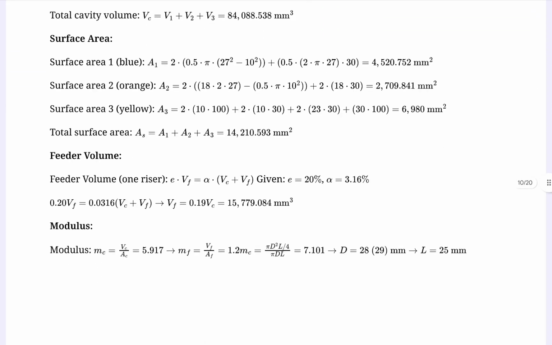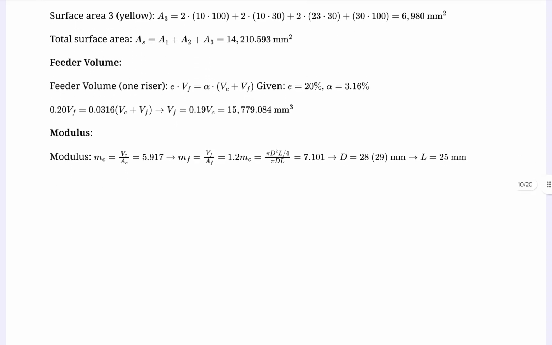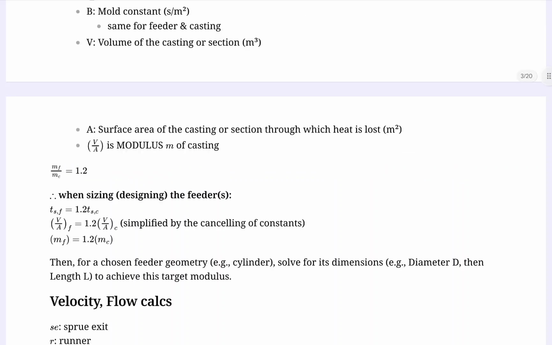The parts about the volumes we haven't gotten to yet. I'll get to that in a moment. But the part we have got to already is the modulus. So here you can see them calculating the modulus, and then using that to find the diameter and length needed. Like we said, you're going to sub into that formula that we had over here.